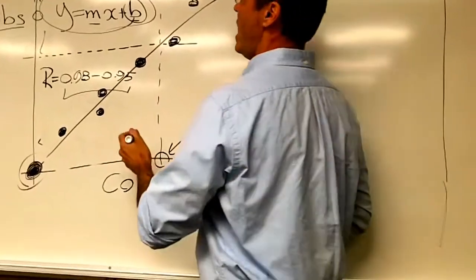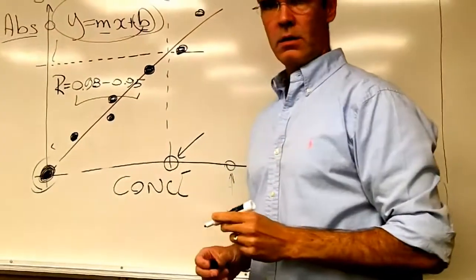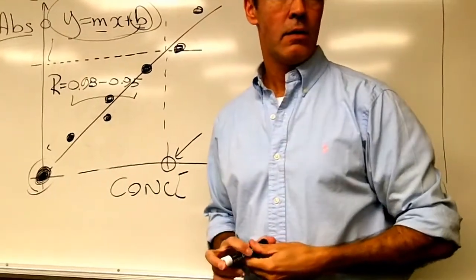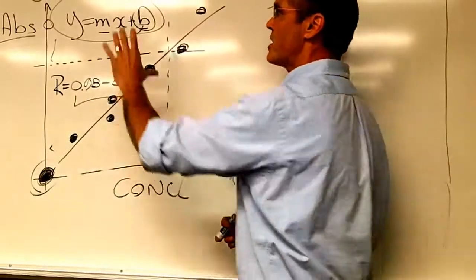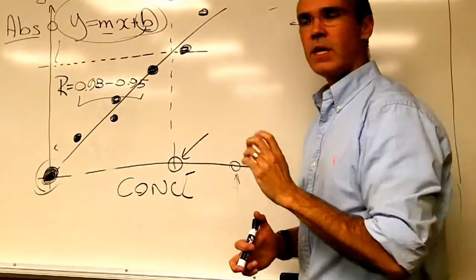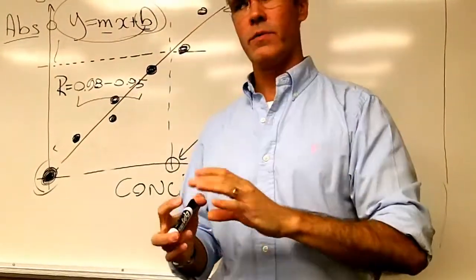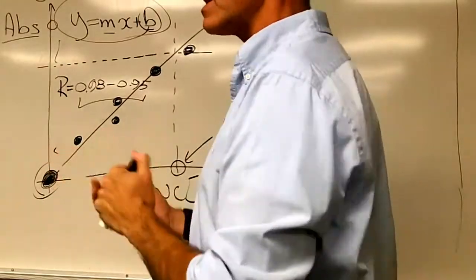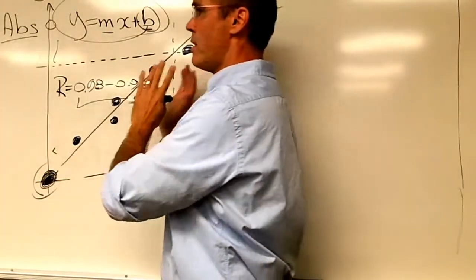And also, there is always a title to any graph. So this is not a title. This is not a title. The title will tell me, this is what we did: calibration curve for green dye unknown. Something like that. So there you go.